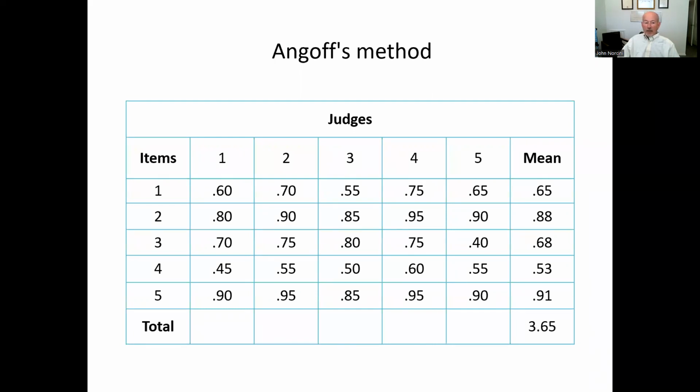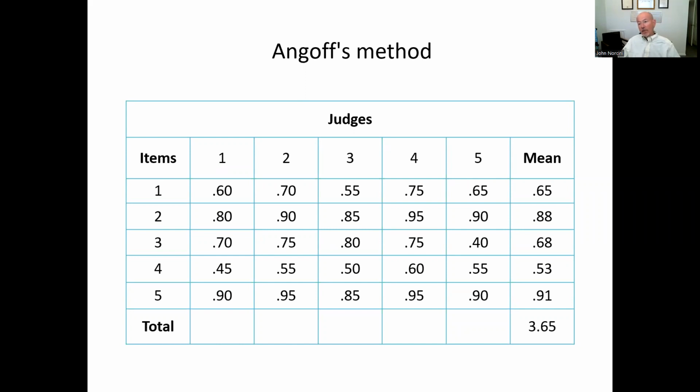So when you started with the first item, the first judge said 60% or 6/10 of his or her borderline group should get the item right. Judge 2 said 70%, Judge 3 said 55, and so on. You put them up on the board, the judges have the opportunity to talk about it, they get to change whenever they want, and you do that for all the items on the exam.